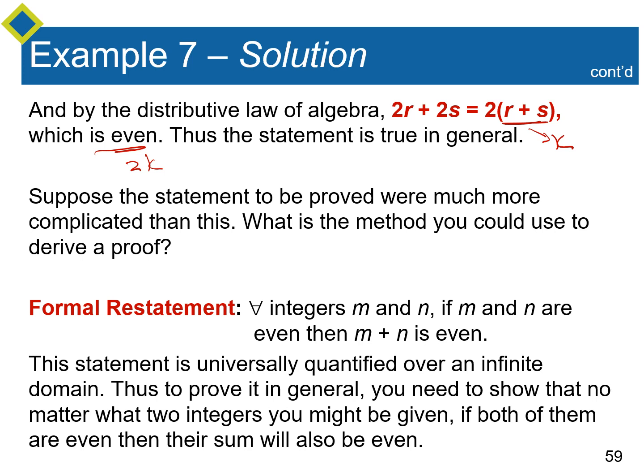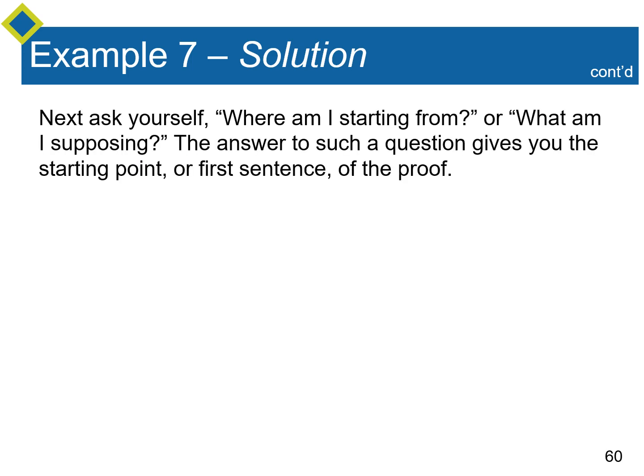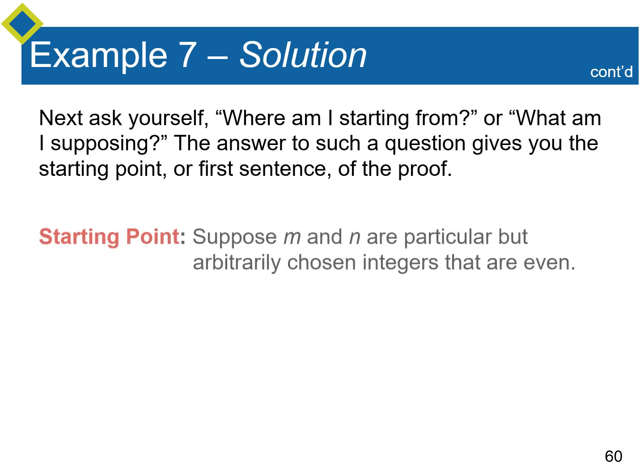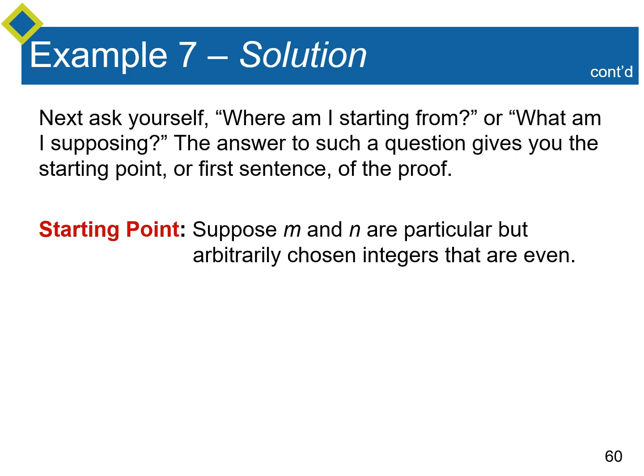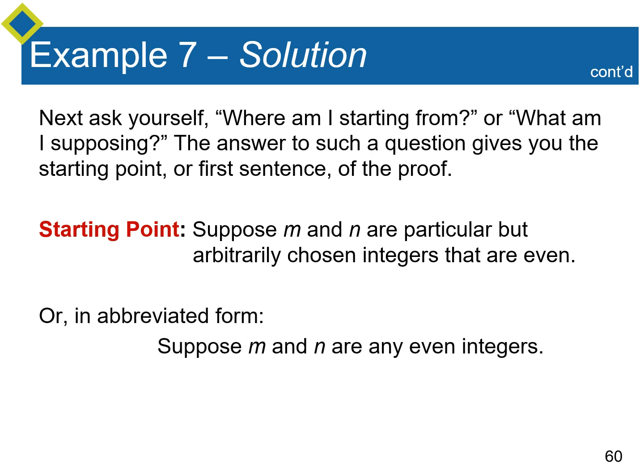First is formal restatement. For each integer m and n, if m and n are even, then m plus n is even. We restate from the original statement. Next is the starting point. Suppose m and n are particular but arbitrarily chosen integers that are even. So we can suppose m and n are any even integers.